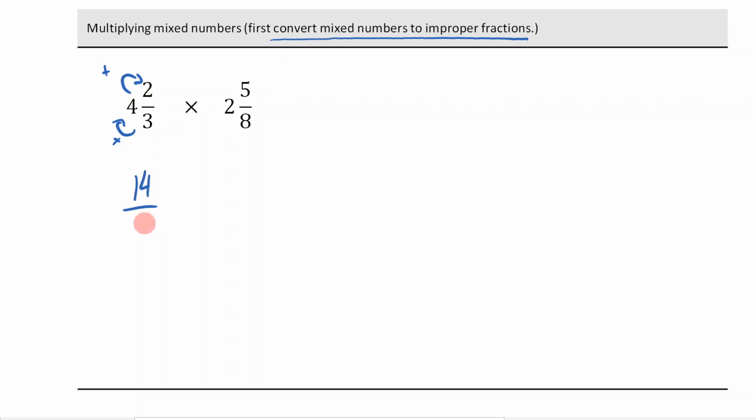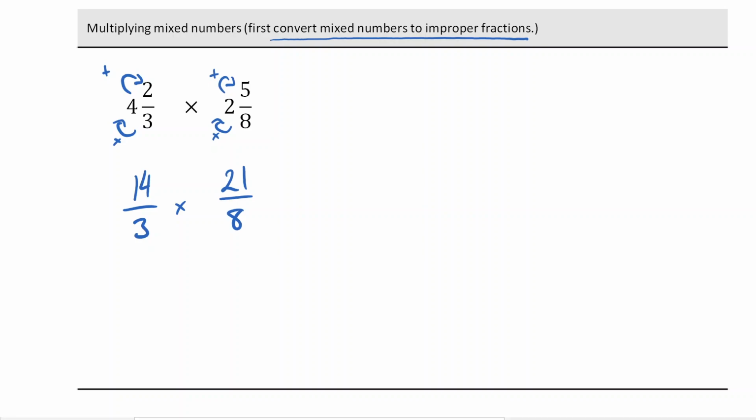So it's going to be 14 on 3. So remember your denominator stays the same. Then I'm going to do 8 times 2 is 16, and 16 plus 5 is 21. So it's going to be 21 on 8.